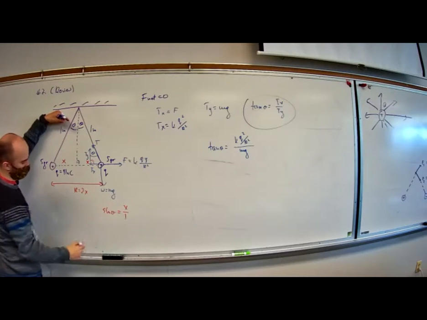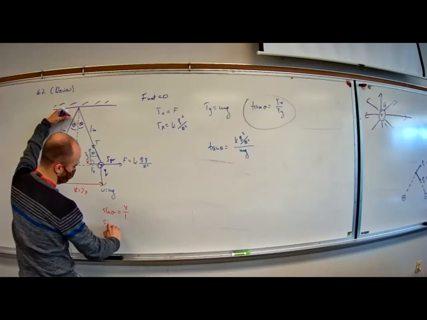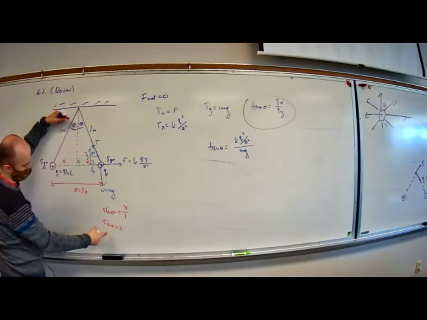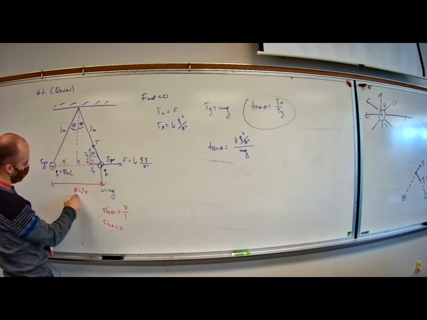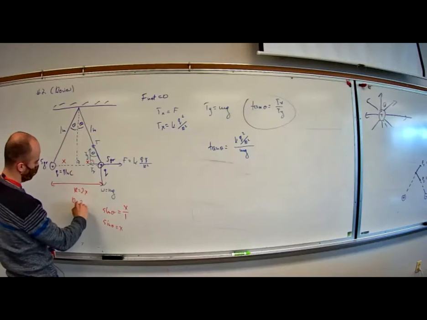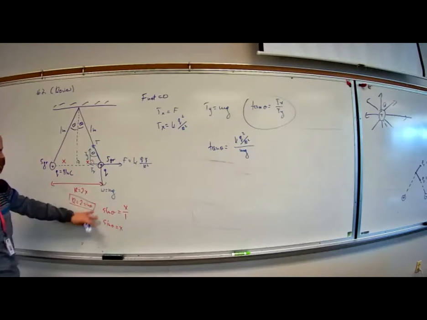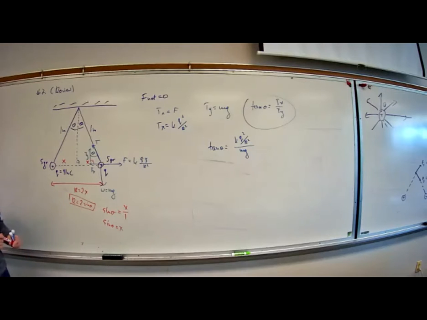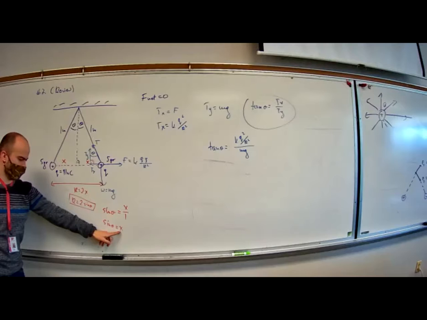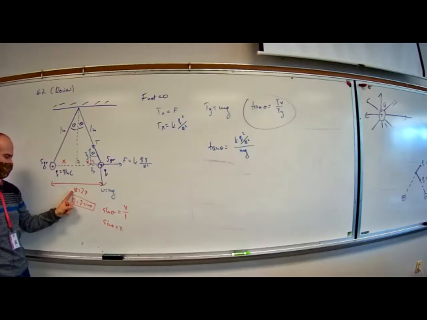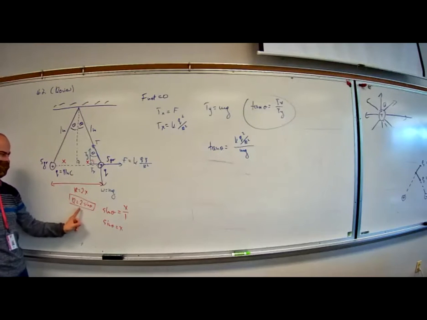X is just sine theta. And that gives me an expression for r. So r is 2 times the sine of theta. Let me give you a minute to look at this, make sure you understand that. Sine of that angle is x over 1, and that's just sine of theta is x. But I want an expression for r, and r is 2x, so r becomes 2 sine theta.